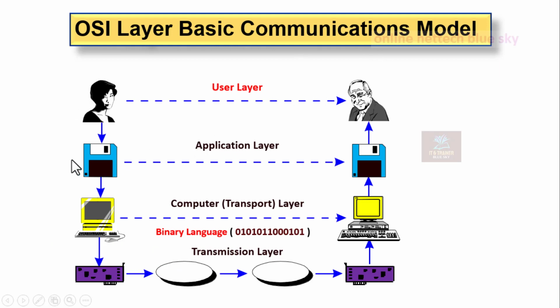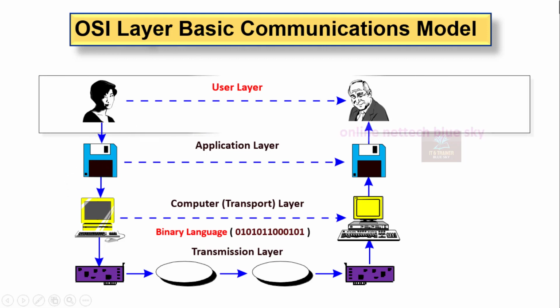Your data can be any file, Word file, message, application, email, photos, any document, which you save in your computer. This is a very important part to understand, the user layer.